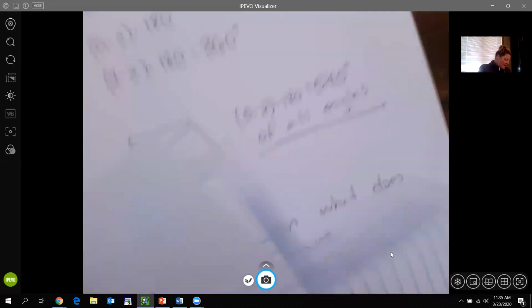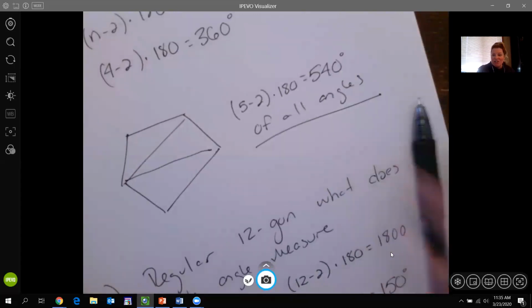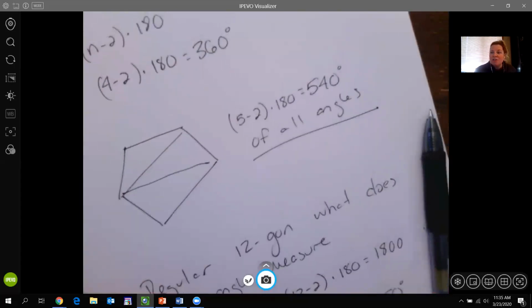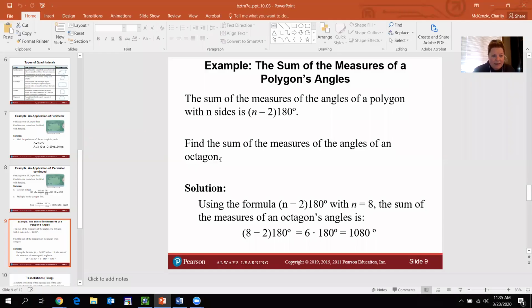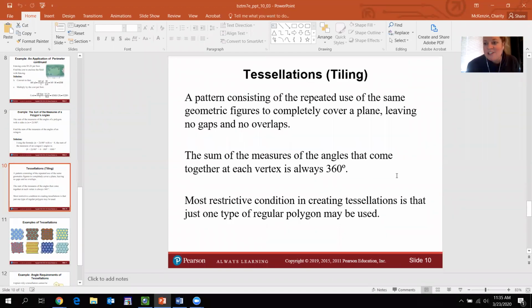All right, so then we kind of go into tessellations and the idea of a tessellation. So let me bounce back in here because this video does pretty good. So what is a tessellation? Why are we learning this? A tessellation is tiling. Why would I learn about tiling? Well, in real life, we might want to tile something.